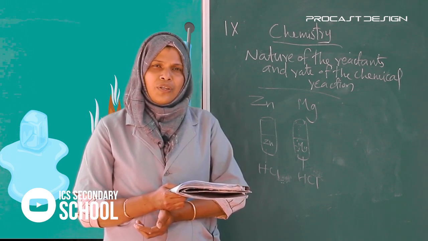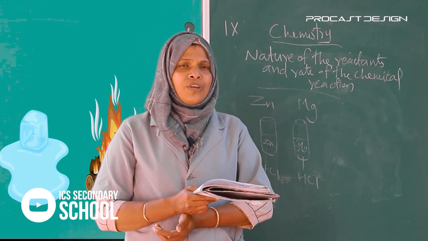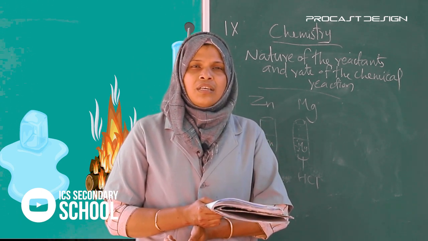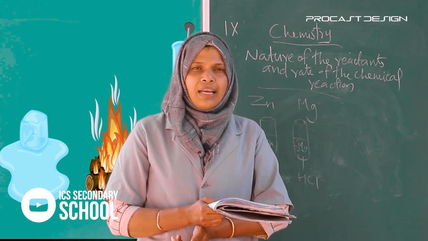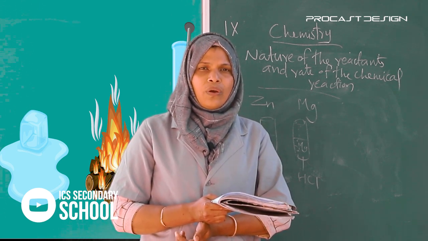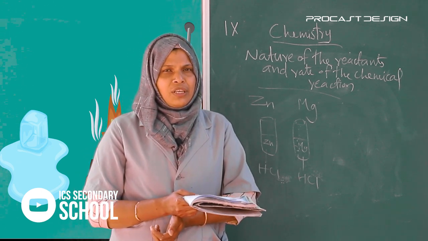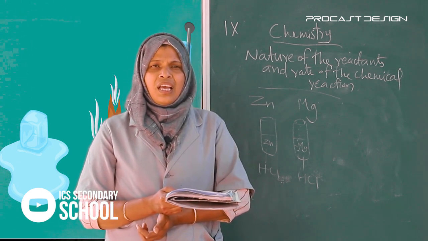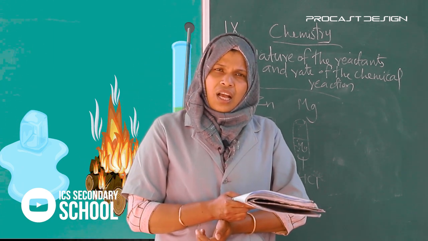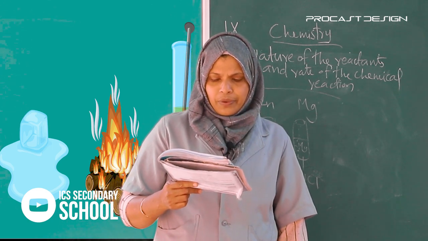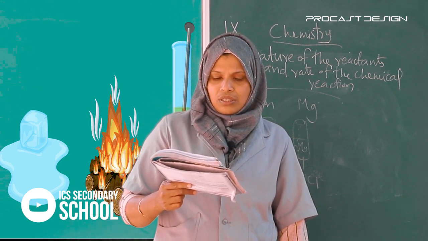Okay, first you take 2 test tubes, then add an equal amount of hydrochloric acid in the 2 test tubes, then add magnesium in 1 test tube and zinc in the next test tube. Okay, then next question.